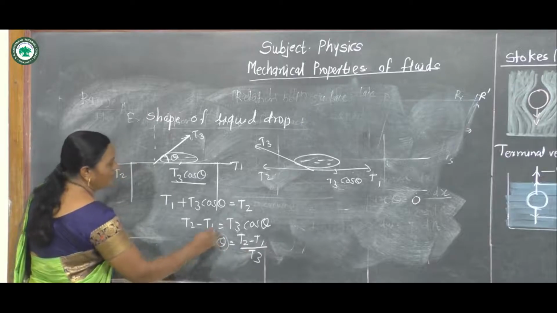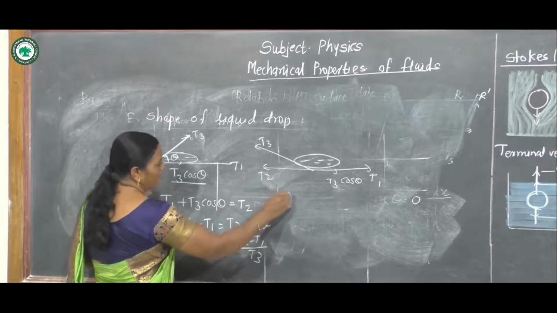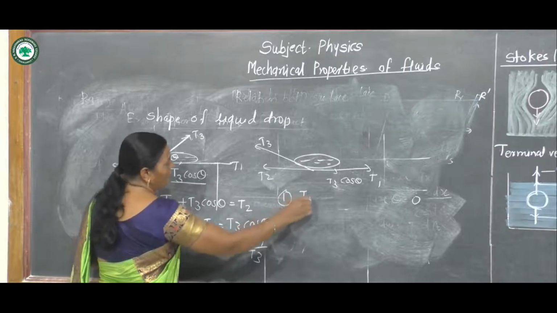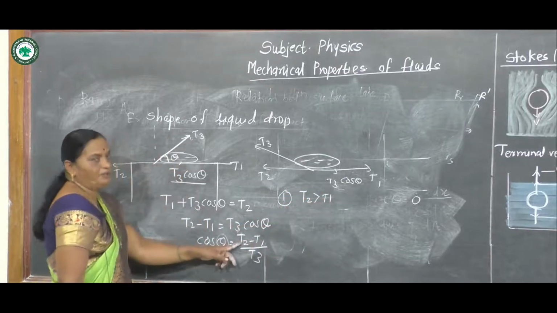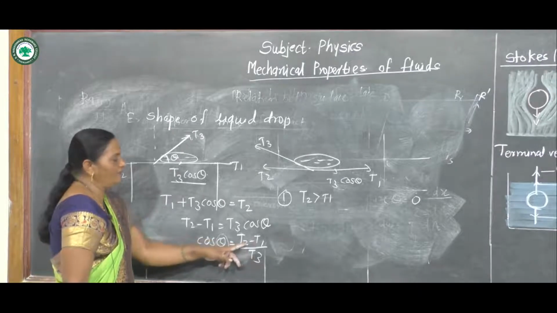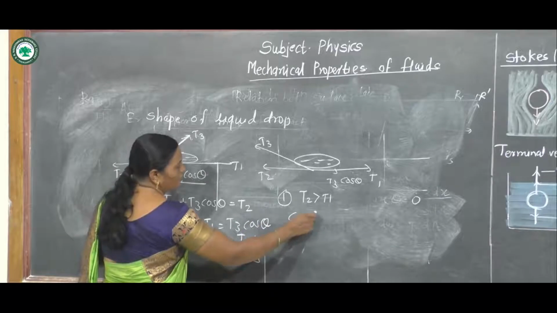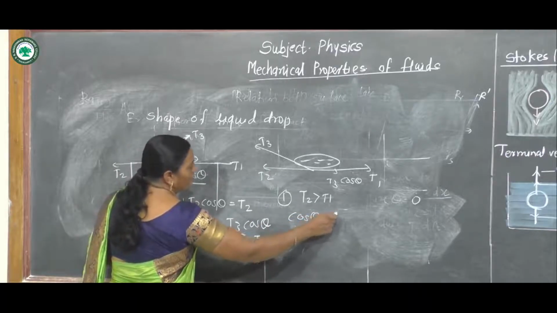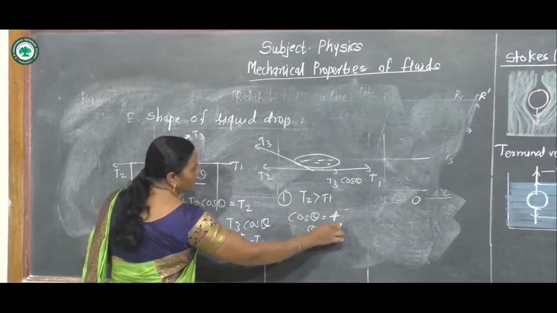Now this theta is the angle of contact. Consider the first case: suppose T2 is greater than T1. Then cos theta is positive and theta is acute.